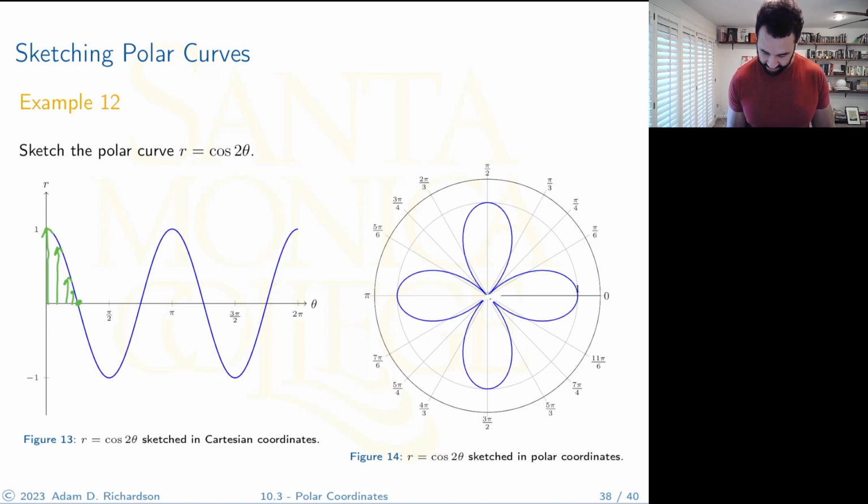Now here's where it gets fun. Let me go to a red pen here. After we pass pi over 4, our radii are negative, and they grow, and then they get smaller again. So what's happening is, as we're facing this way, our radius is actually the opposite of that.